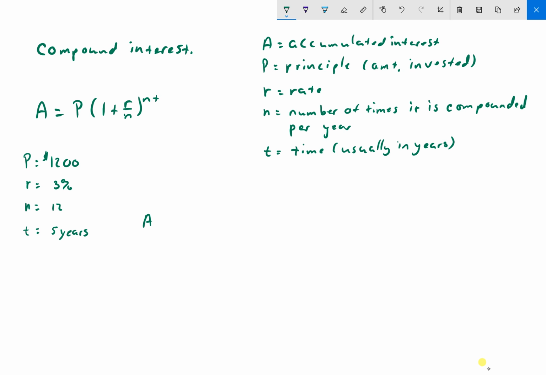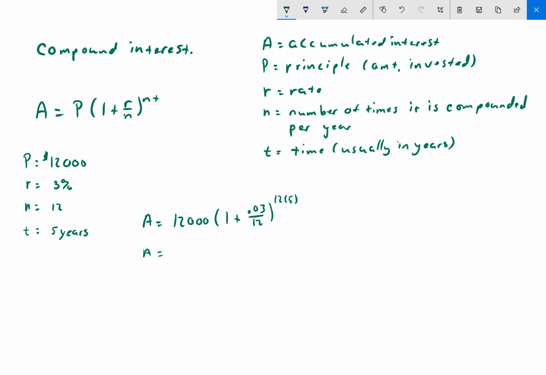What you do is you say, all right, it's going to be $12,000. And it's going to be 1 plus 0.03 divided by 12. Then 12 times 5.